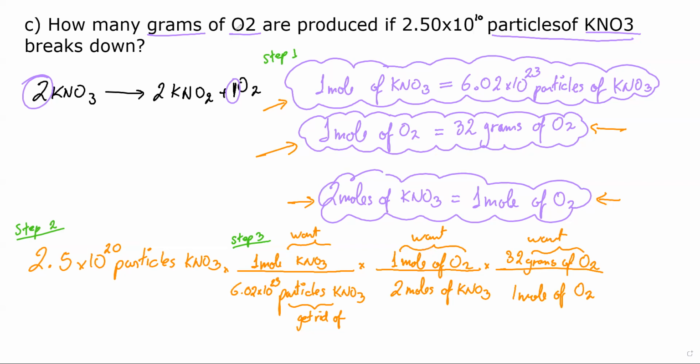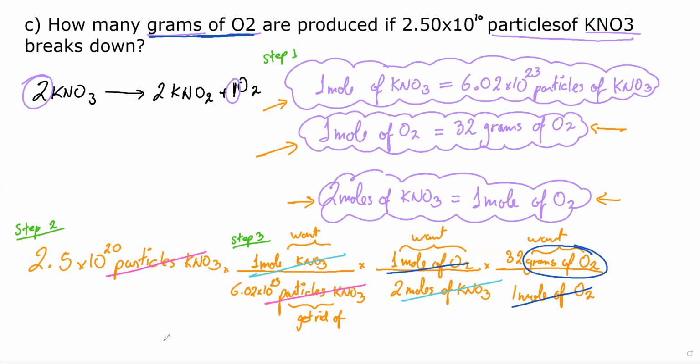So what we need to do is just eliminate particles of KNO3 with particles of KNO3. Remember, always cancel in diagonal. Never cancel straight, cancel in diagonal. Cancel this mole of KNO3 with this mole of KNO3. And last, cancel mole of O2 with mole of O2. There, we cancel in diagonal everything that we didn't want, and we just have grams of O2, which is what we want.